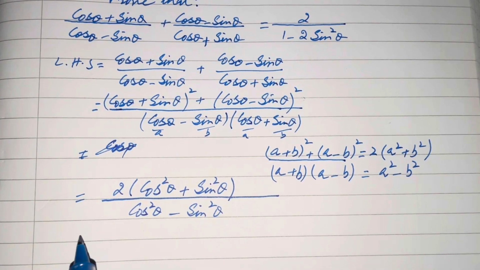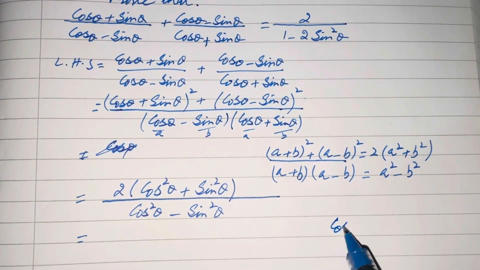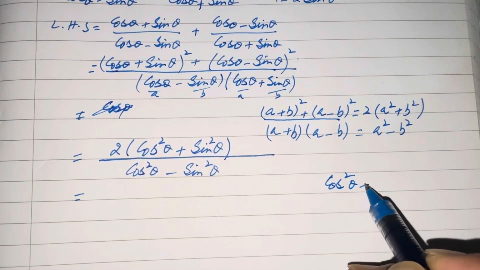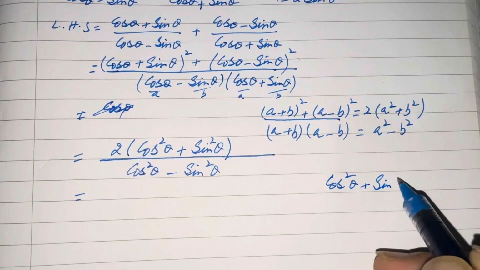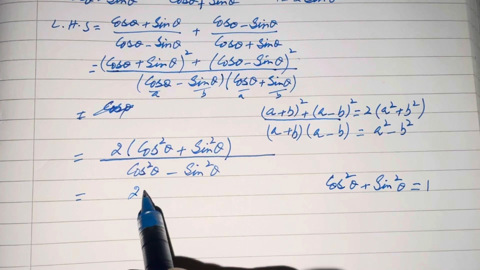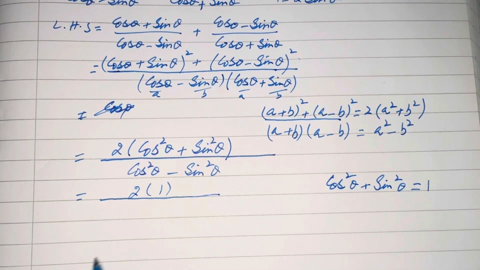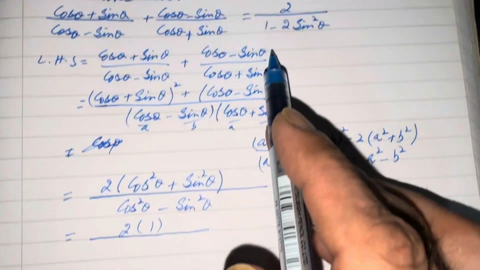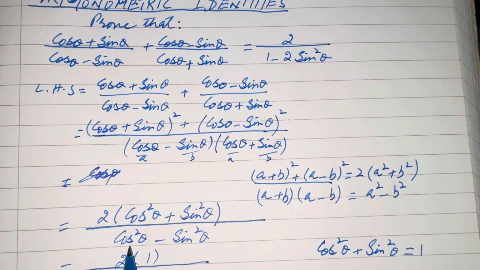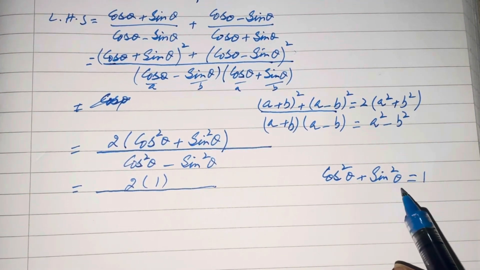Now in trigonometric identities, we know that cos square theta plus sine square theta always equals 1. So we can write 2 into 1 divided by, now we have to change the right hand side into sine square theta.